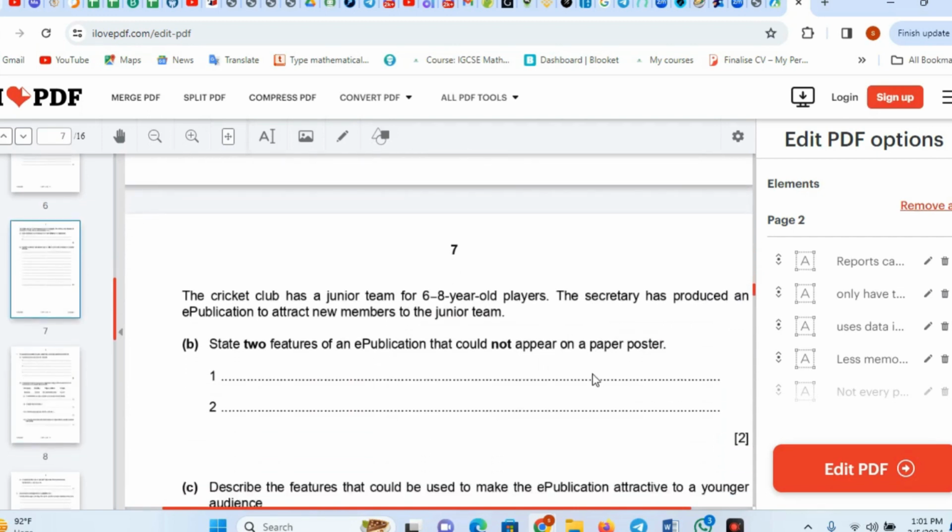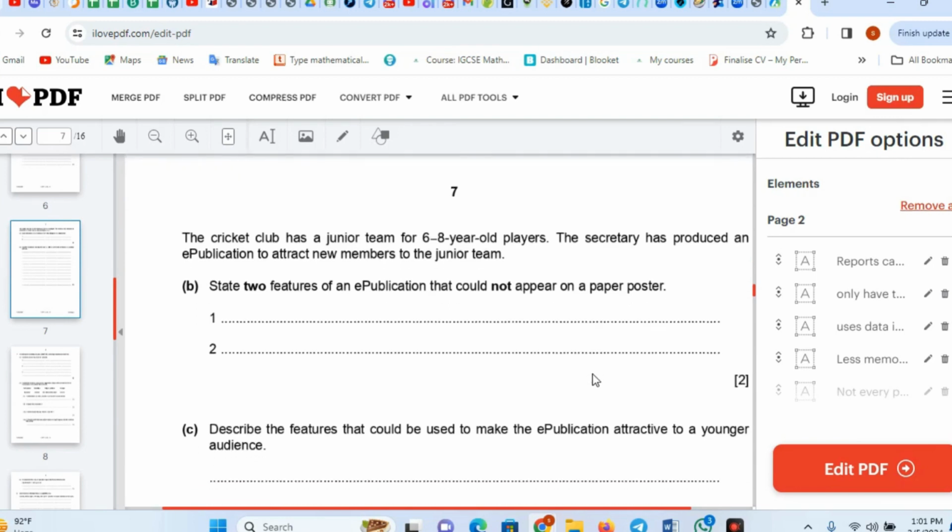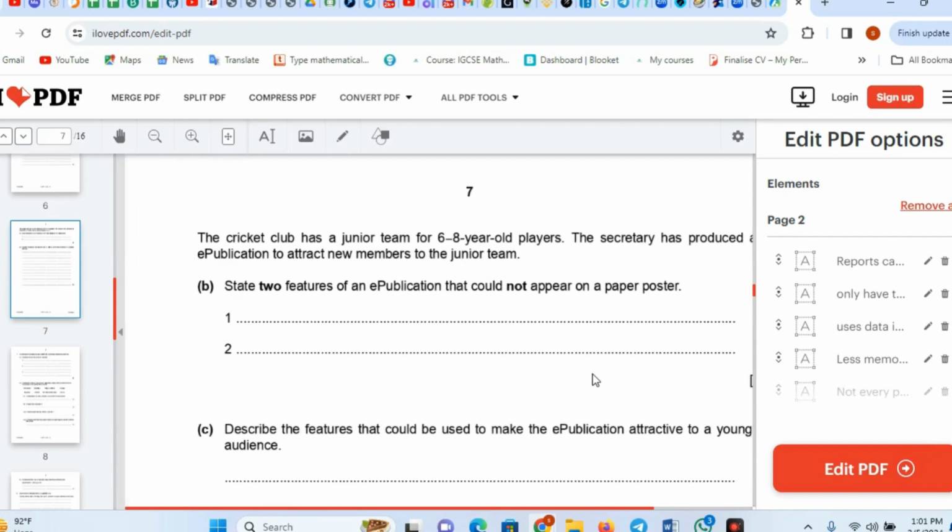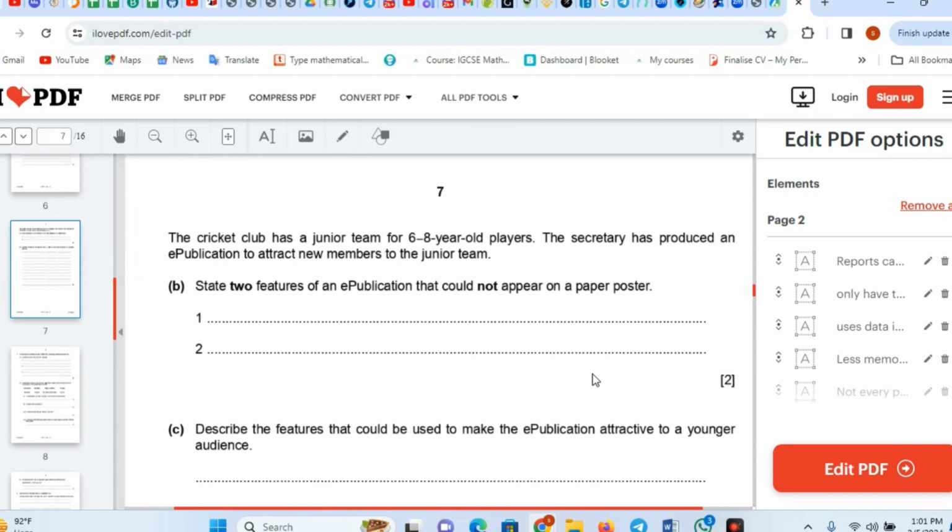The cricket club has a junior team for 6 to 8-year-old players. The secretary has produced an e-publication to attract new members to the junior team. B. State 2 features of an e-publication that could not appear on a paper poster.